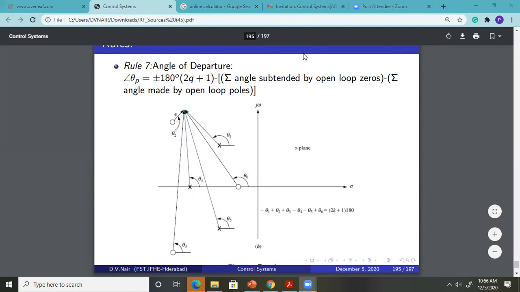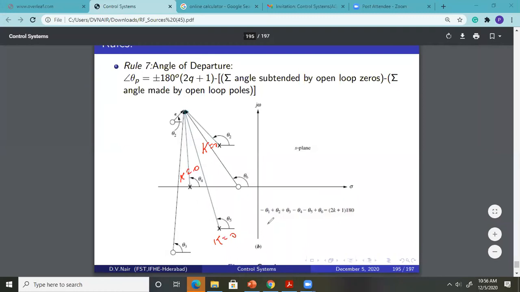Now here, how many branches of root locus will be there? 3. There are 3 open loop poles, so there will be 3 root locus branches, each starting at K equal to 0 at an open loop pole.